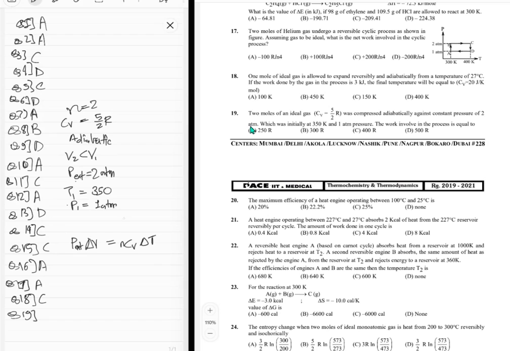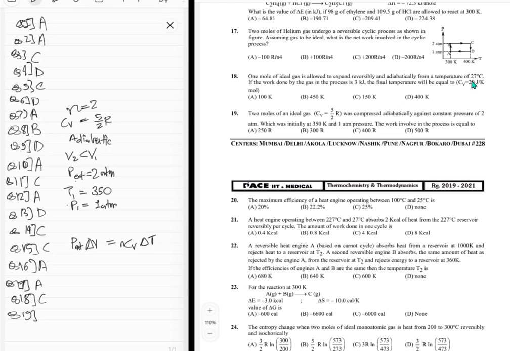Now, how do you find delta V? That's where you can figure out what V1 is. If it's a constant pressure of 2 atmosphere and we're just compressing it, after a point the inside pressure will become 2 atmosphere, right?